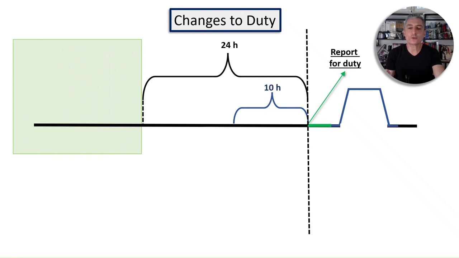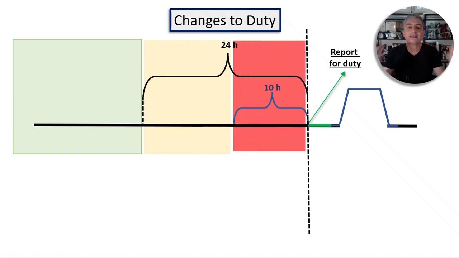In this case, we create an area, this green area, that is more than 24 hours before our next report for duty. So our report for duty can change whatever they want, anytime, anything can change basically. And then between 24 hours and 10 hours from our next report for duty, the report for duty time can change, but only in a way that we're going to see in a moment, so not anytime. And then we have this red area, so 10 hours close to our report for duty.